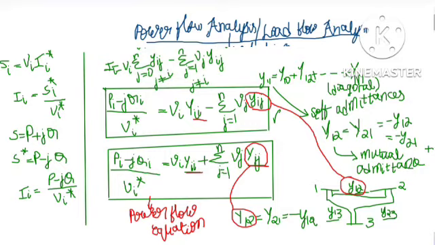Self-admittance is nothing but the diagonal elements, Yii.